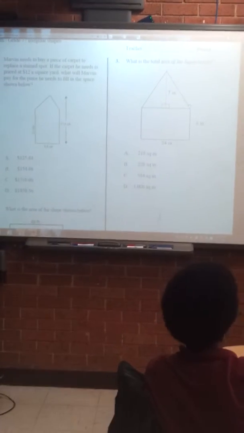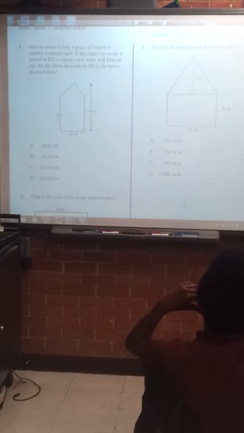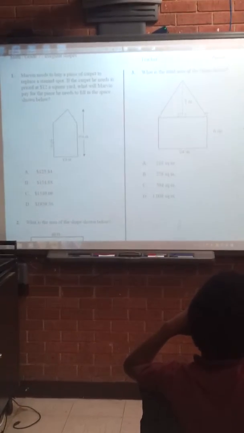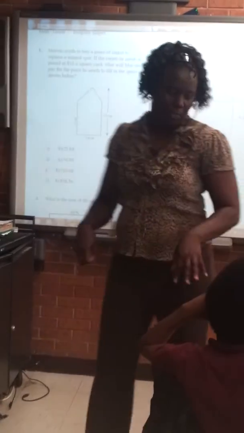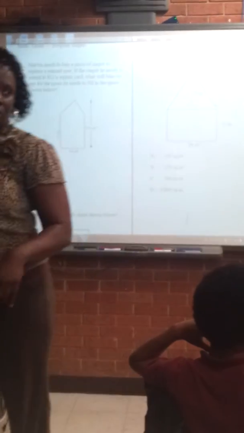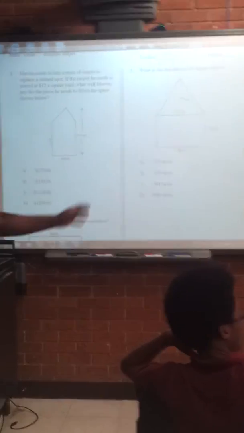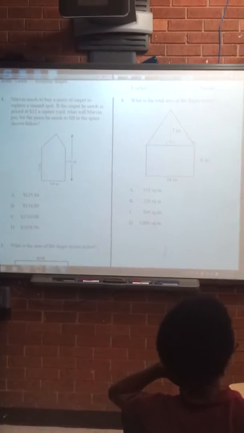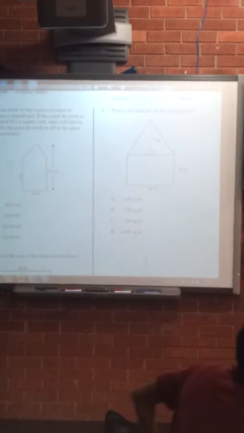This particular shape says, what is the total area of the figure below? So I want you to take a few minutes to look at this shape. And on your piece of paper, on the back of the open response, I want you to determine what you think the area would be for this shape. Question number 3. Determine what you think the area would be.